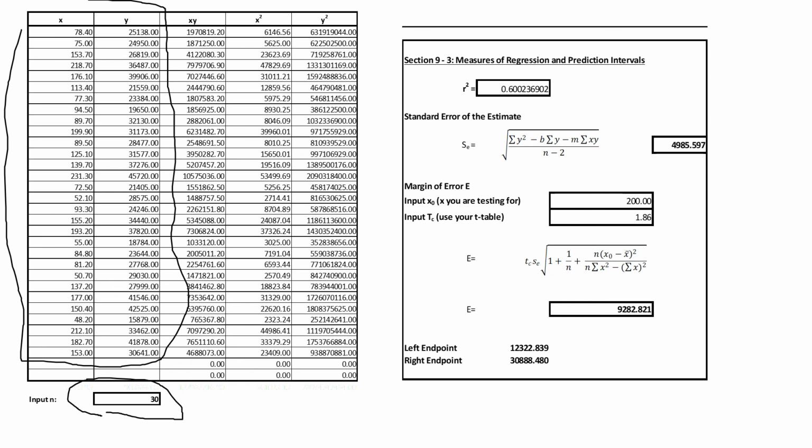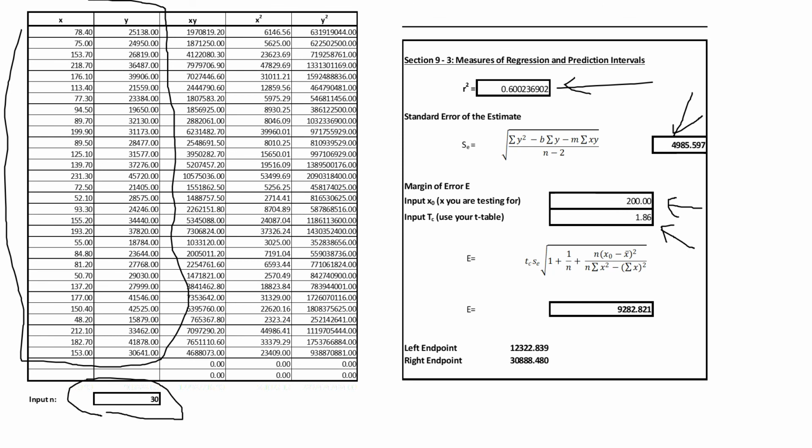And 9.3, I've got it at the bottom of the calculator sheet. You can see it. We figure out the R squared, it gives you the standard error. And then if I put in the salaries of $200 million, 200 here, and I use my t-table value 1.86, it gives me the range of what the attendance would be.